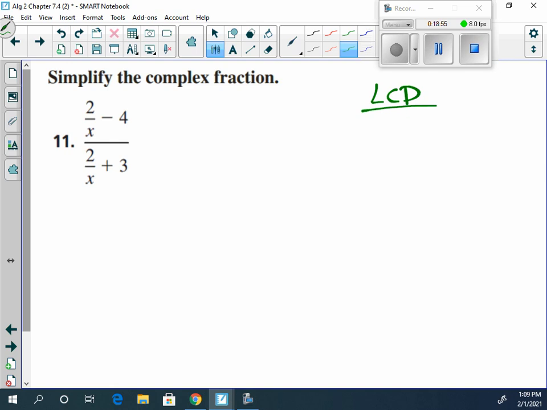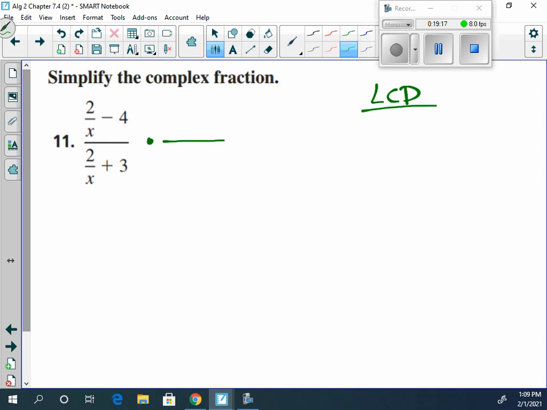So we'll look at this one here. So we have 2 over x minus 4 over 2 over x plus 3. So again, we want to multiply the numerator and denominator of this fraction by something so that the fractions in the numerator and denominator will simplify out.